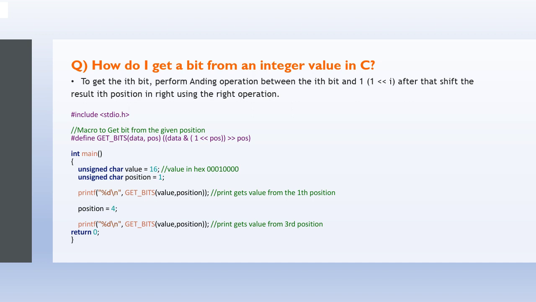So let's move on to the next question. Write the macros to set, clear, toggle, and check the bit of a given number. We discussed this previously, but see the below macros.